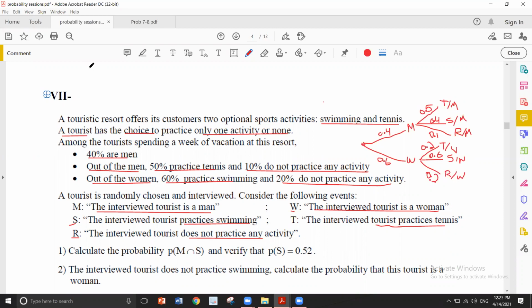Part 1. What is the probability of M intersection S?